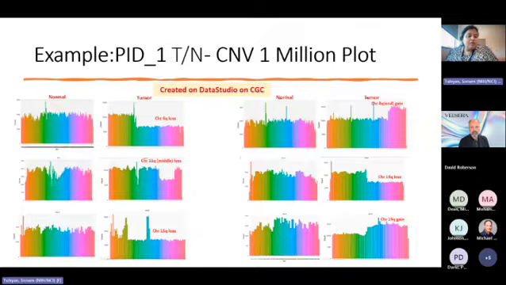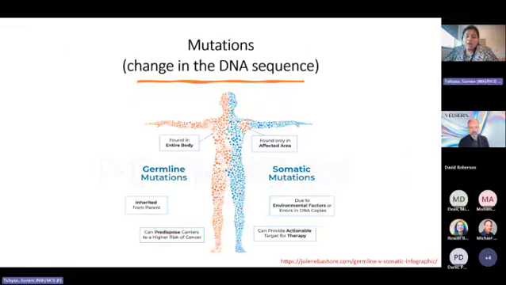When you compare the tumor CNV 1 million plot with the normal, you can clearly see a chromosome 6q loss, a loss in the middle region of chromosome 11q, and a loss in chromosome 15q. Coming here, there is a gain at chromosome 8q. Here there is a loss in chromosome 14q, and again a gain of chromosome 19q.